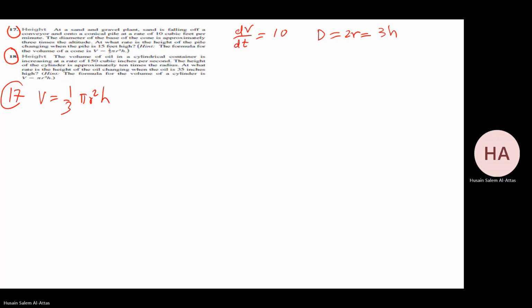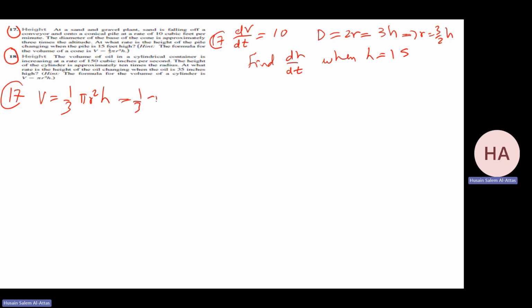At what rate is the height changing? Find dH by dt when h equals 15. So my first step, I'll change r into h. That means r is 3 over 2 h. Plug the numbers.